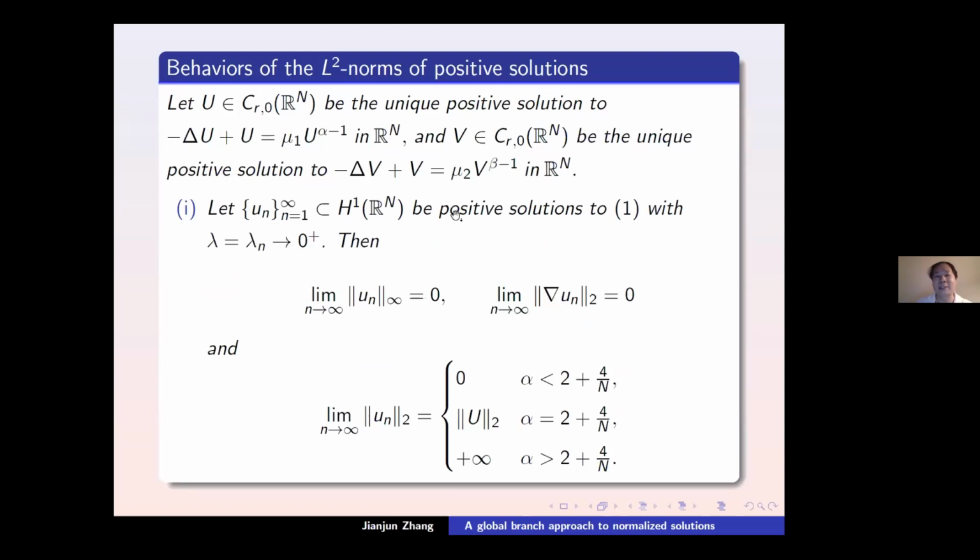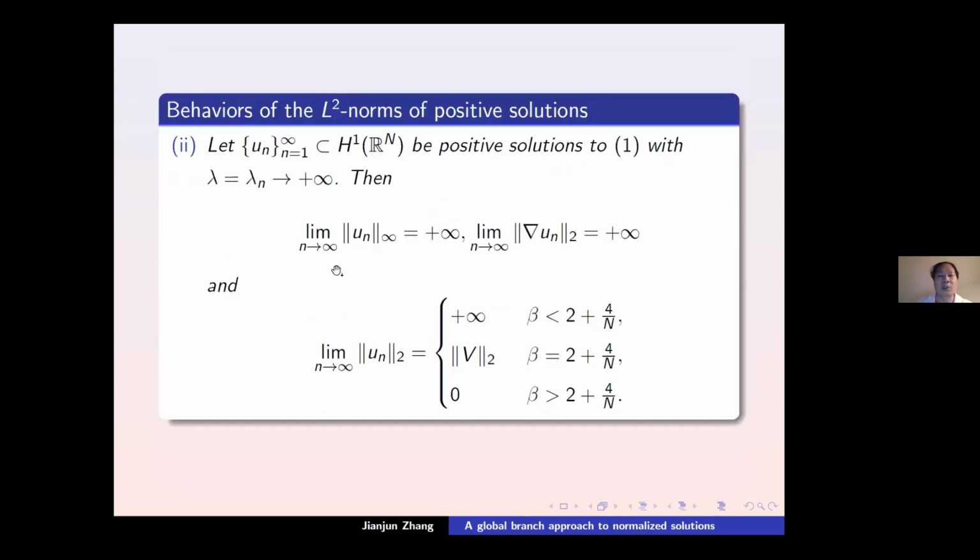In this part, we show the behavior of the solution as lambda goes to 0. In this result, we show the similar behavior of the solution as lambda goes to plus infinity. So from the result, we also know the behavior of the nonlinearity g near infinity can show different behavior of the mass of u_n.